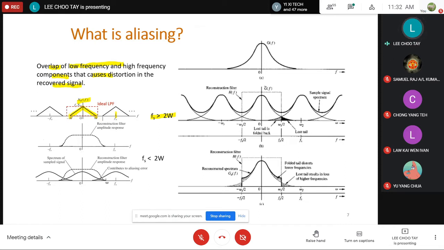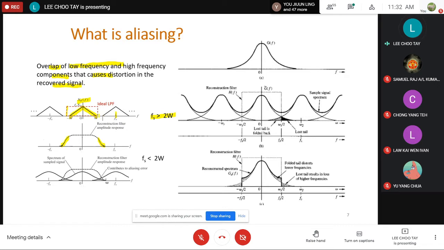If your low pass filter is not ideal, then you will not have a sharp transition here. You will have a gradual transition here. So this explains why your sampling frequency must be more than 2 times the bandwidth.